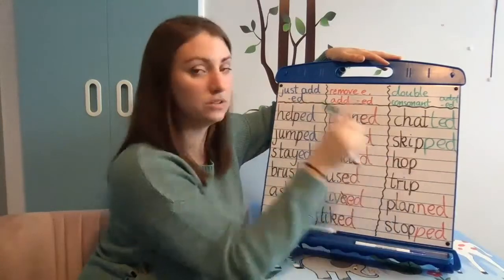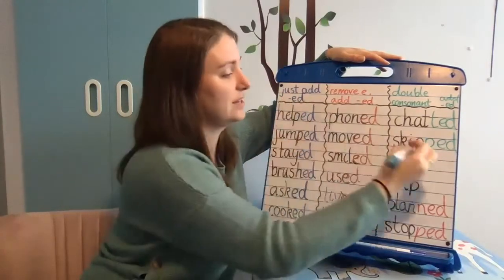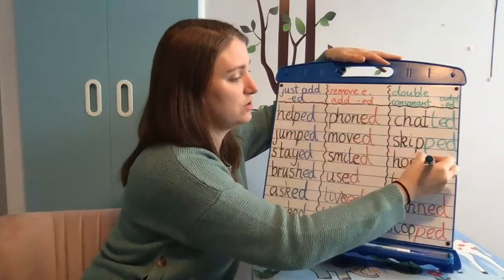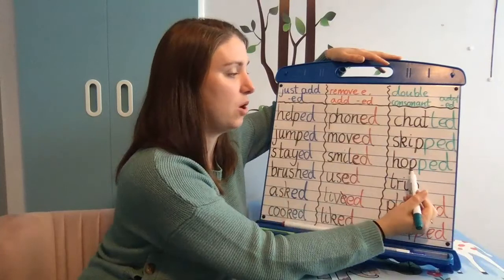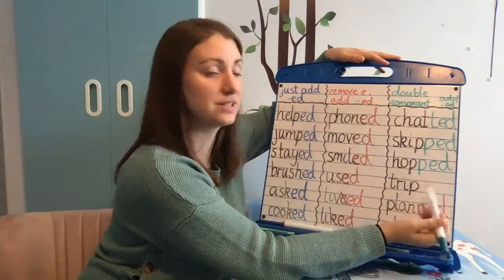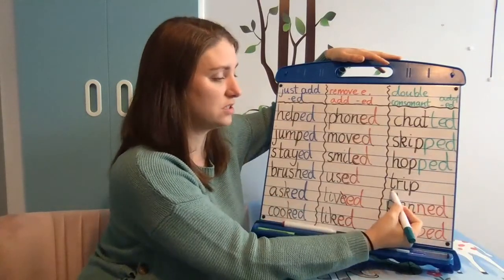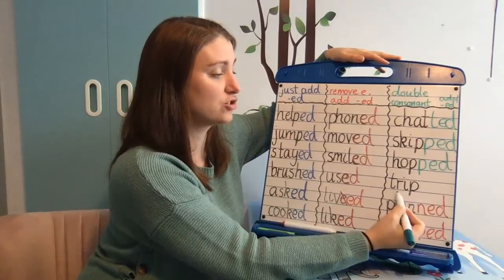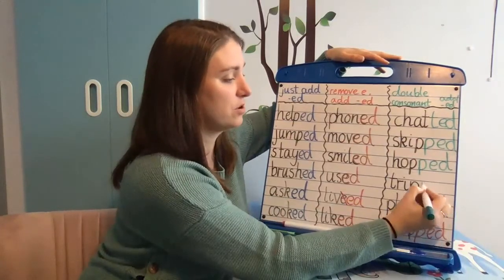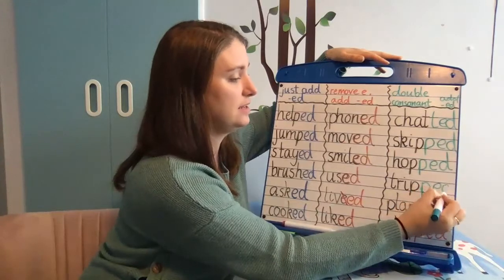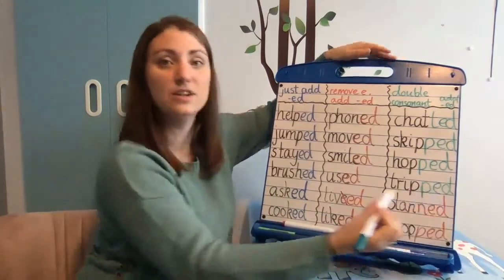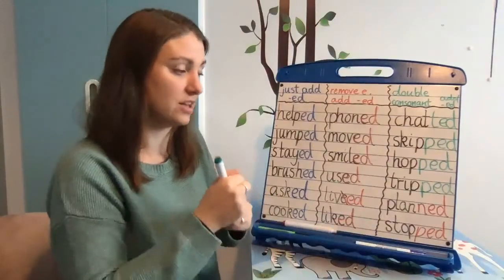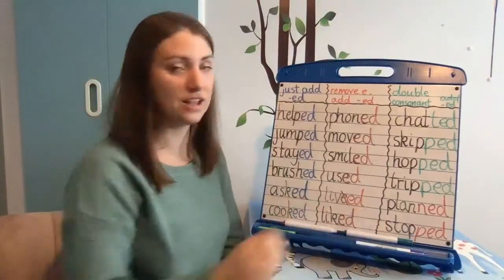It's got one consonant, so that means I need to double the consonant and add ED, and the word becomes hopped. Last word, trip. Let's double the consonant, add ed, and the word becomes tripped. Tripped. Yesterday I tripped. There you go.